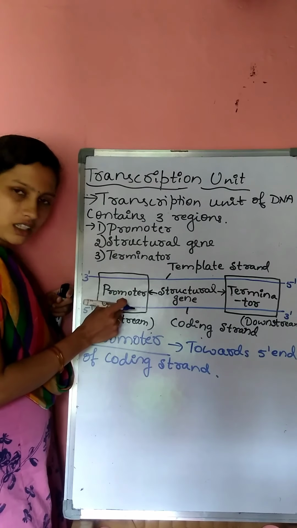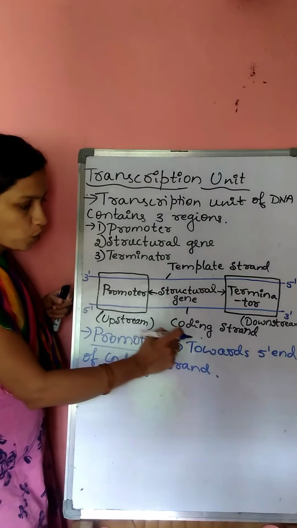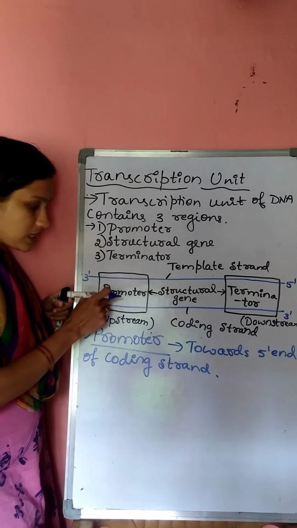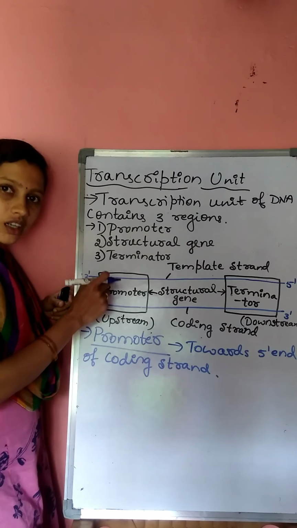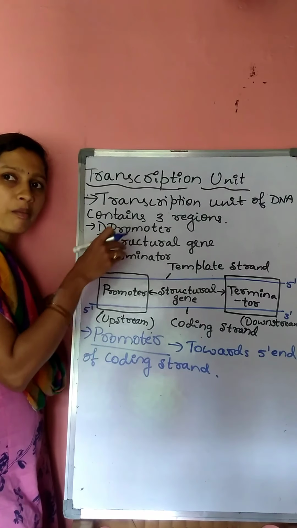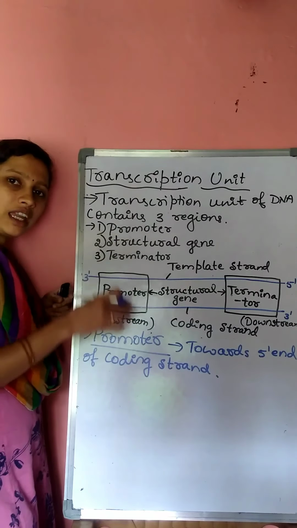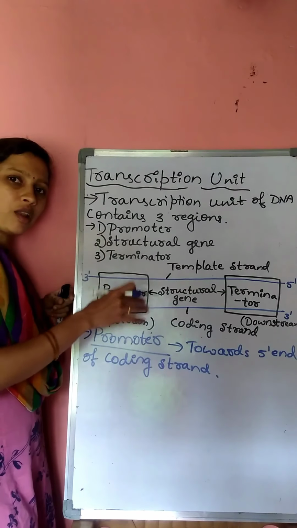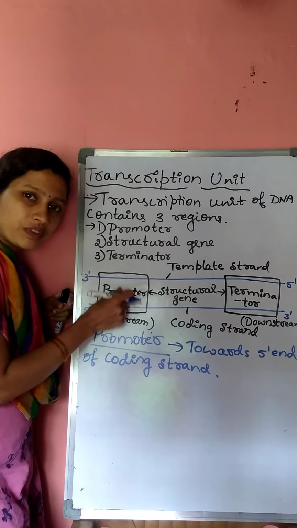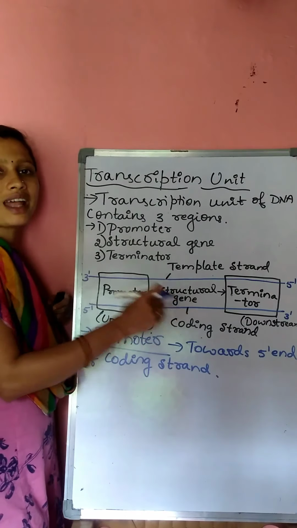Promoter is present towards the 5' end of the coding strand, and to this site DNA dependent RNA polymerase enzyme binds. The binding of the enzyme to the promoter initiates transcription.